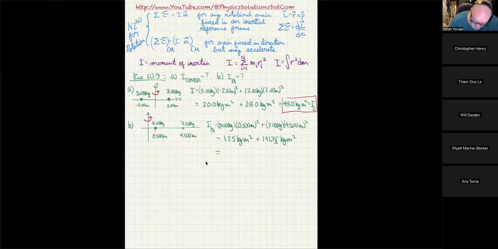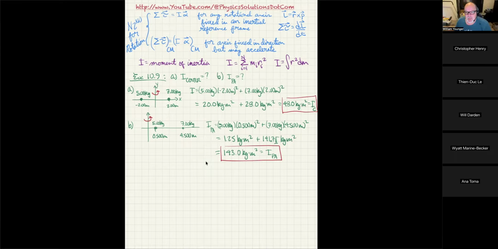So when I add 141.75 plus 1.25, that gives me 143 kilograms meters squared equals I through the parallel axis. Any questions on that one? All right, so that's how we calculate the discrete moment of inertia.